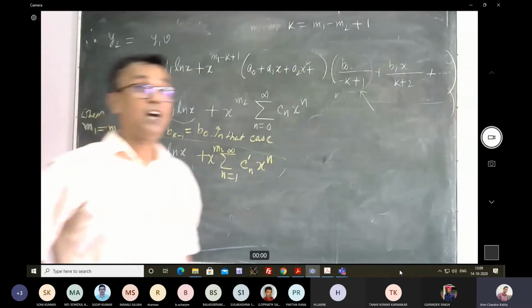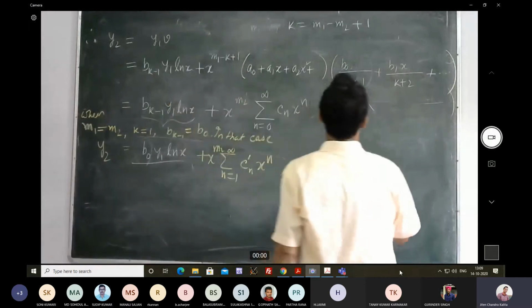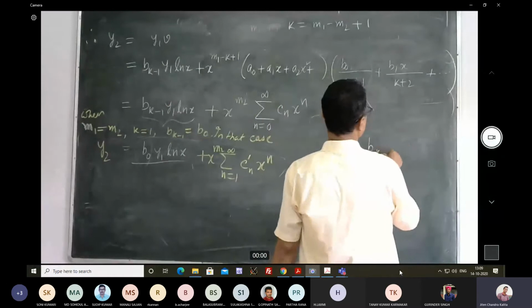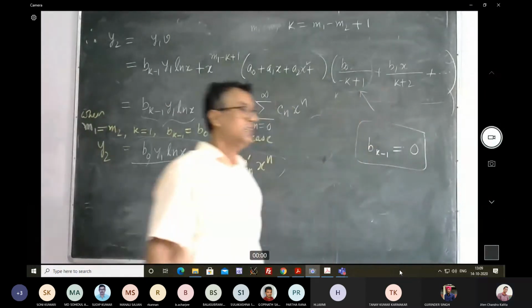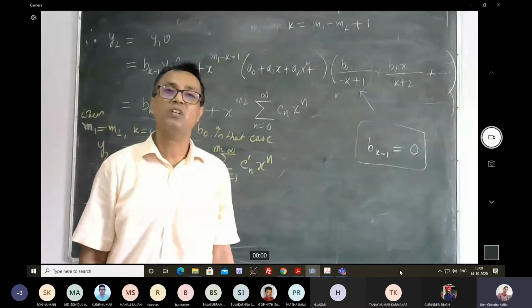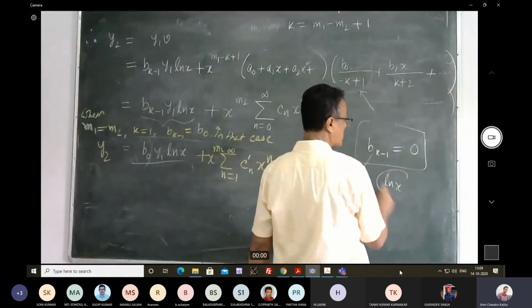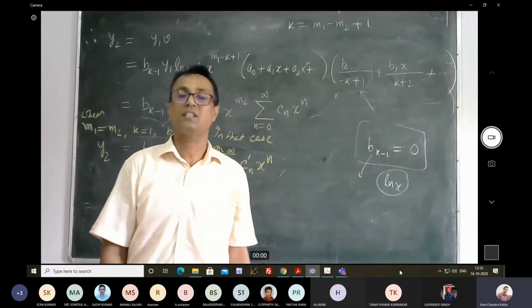Now, it may so happen, when M1 is not equal to M2, that B K minus 1 equals 0, because this was nothing but the coefficient of ln x, so the logarithmic term will be absent in that case.